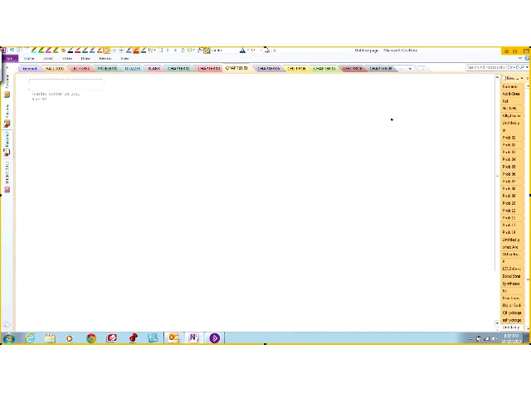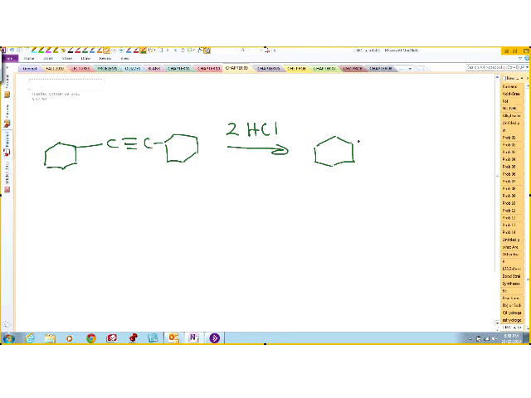So let us give you one example of that, so you don't think it's only hydrogen bromide. You also form a gem dichloride.